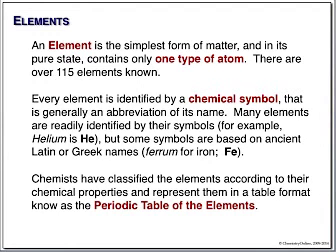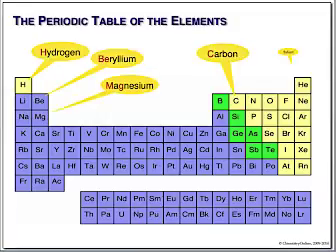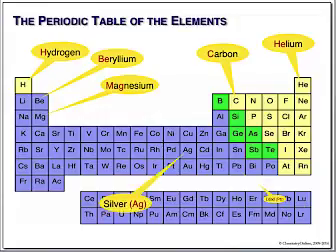Elements are organized in what we call the periodic table. The periodic table looks something like this. This one has no numbers, just the letters. This is just to represent common elements here. Hydrogen, beryllium, magnesium, carbon, helium. You see the symbols more or less match, but there are a whole bunch down here.